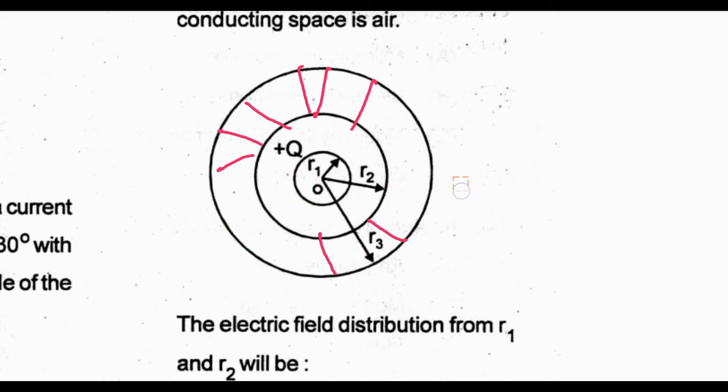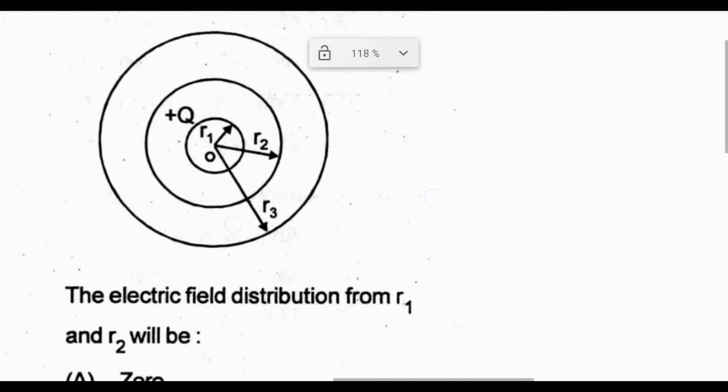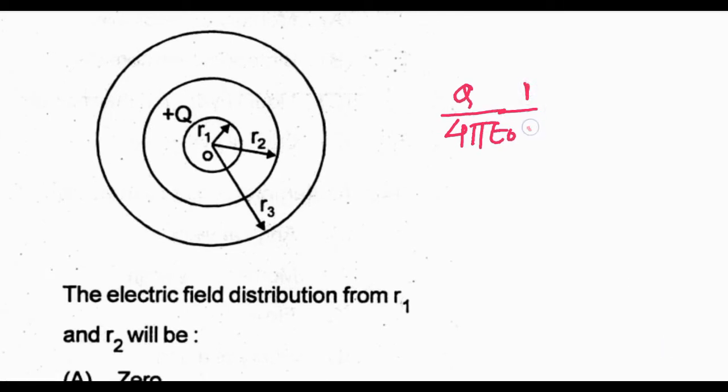For a question like this, the electric field distribution is generally given by 1 by 4 pi epsilon naught, q by r square.